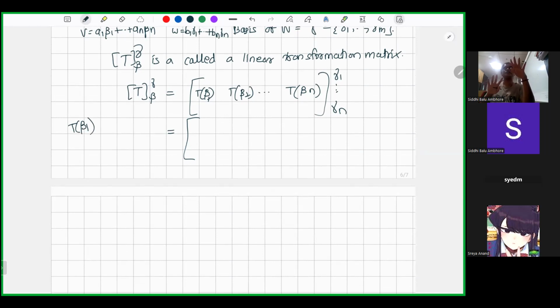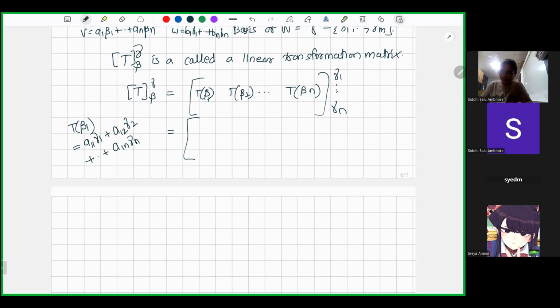So for this T beta 1, beta 1 is a basis element, it is some element, we do not care what it is, but whatever T beta 1 will be, I will be able to write it as A11 gamma 1 plus A12 gamma 2, and so on up to A1n gamma n, right?